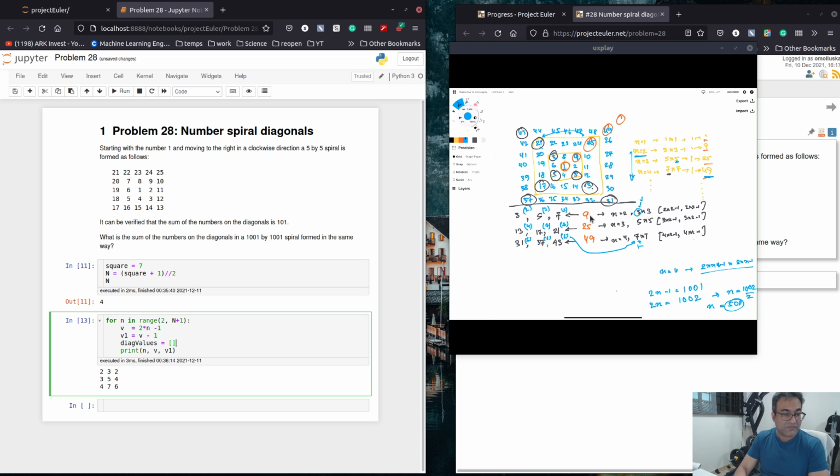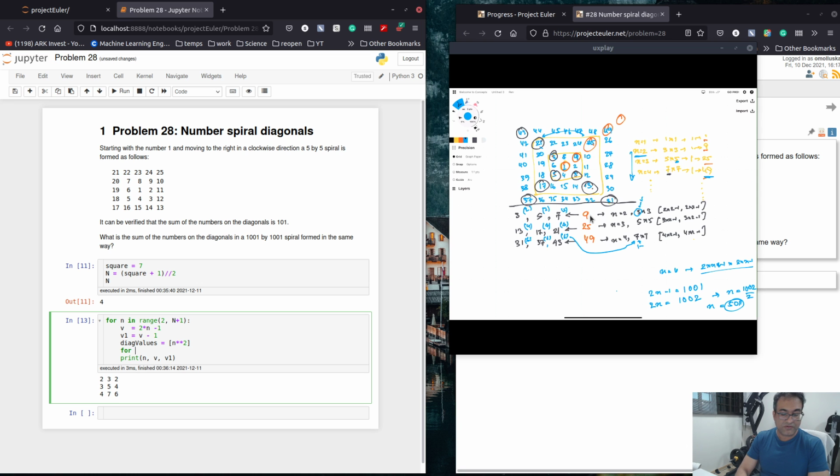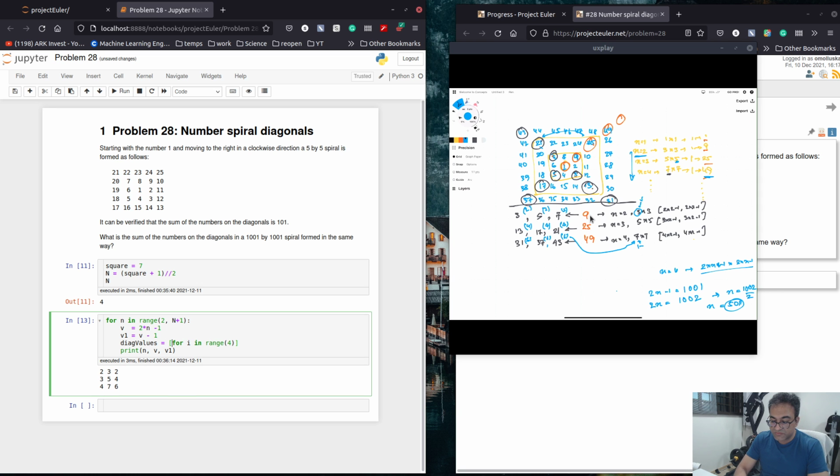It starts with n square, so diagonal values equals n square, okay, for i in range 4, and we just put n square minus i into v1. So that's the diagonal values, and let's see if we get the right diagonal values over here.